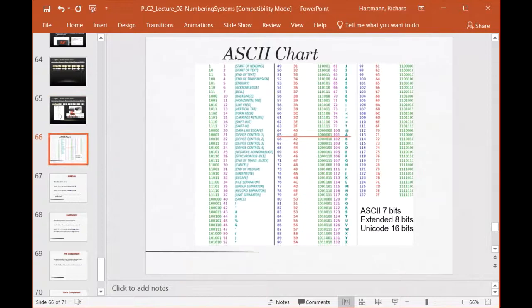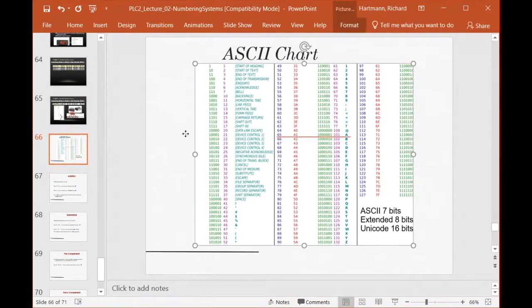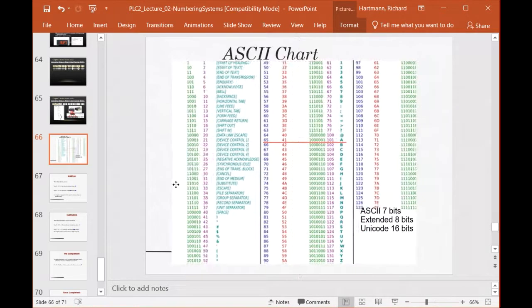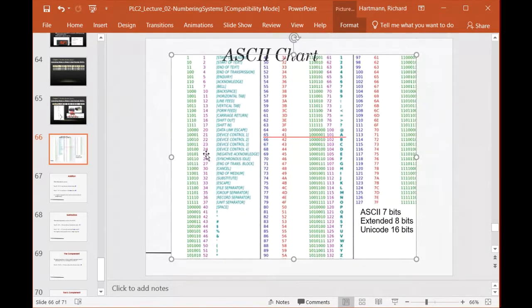All right. Now, the other thing, though, is let's say that you wanted to send a message from one computer to another. So you wanted to send some words. Okay. Remember, everything inside the computer is actually just a bunch of ones and zeros.